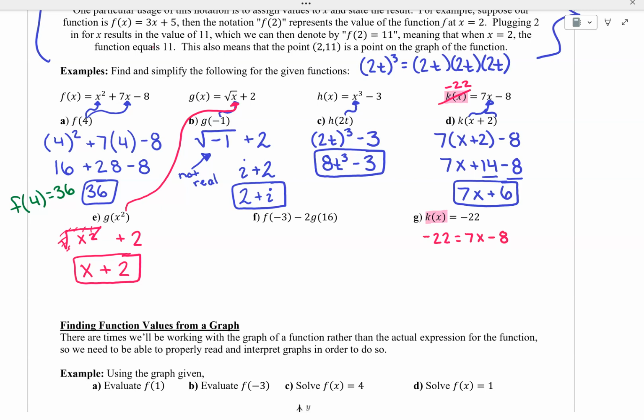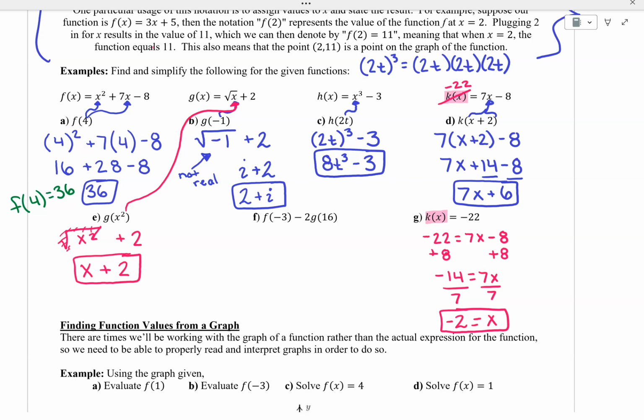So therefore, you are just going to solve this equation. So we're going to add 8 to both sides. So negative 22 plus 8 is a negative 14. And then we're going to divide by 7 on both sides. So x equals a negative 2. Okay, so this one basically you are figuring out the input that gave us an output of a negative 22.